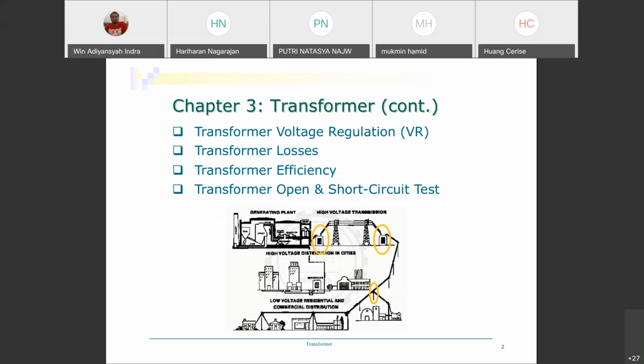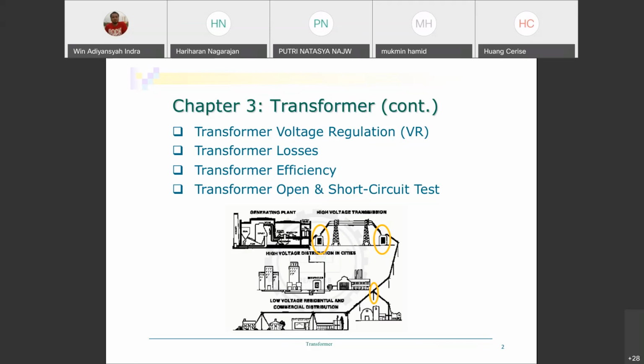For public industry, for example, here is TNB, Tenaga Nasional. So they must have a lot of transformers because it will convey energy voltage from one place to another place.